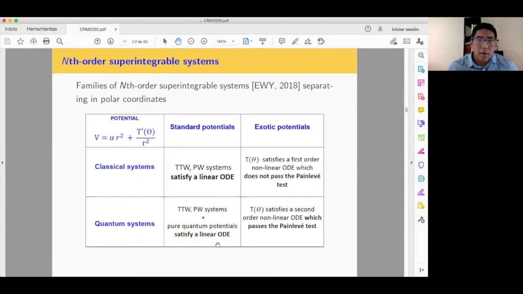So it's a new potential. And more interestingly, there are quantum exotic potentials. In that case, the angular dynamics, this function T, obeys a second order nonlinear ODE, which passes the Painlevé test. And in fact, for most of the potentials we found, we were able to write this function in terms of the 6 Painlevé transcendents.